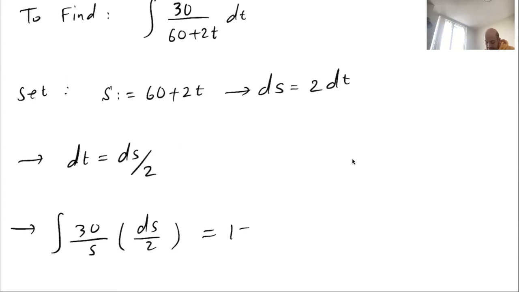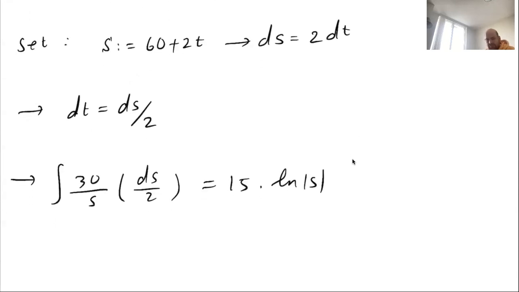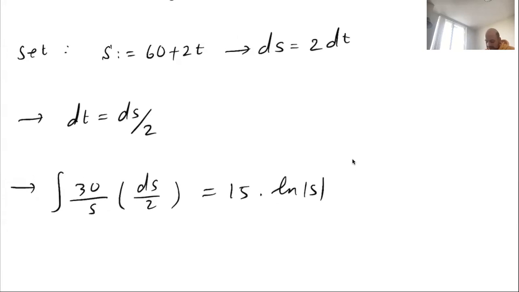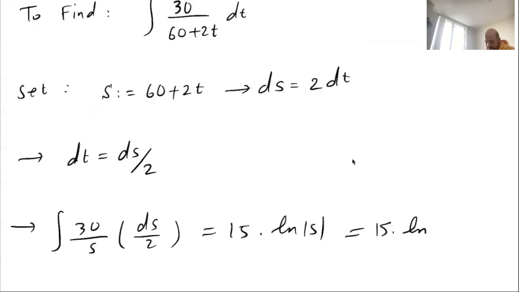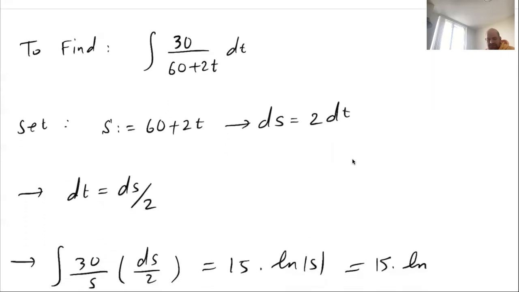That's going to be 15 ln absolute value s, plus a constant, but we said we can just set the constant to be 0 for finding the integrating factor. Well, here t is positive, right?